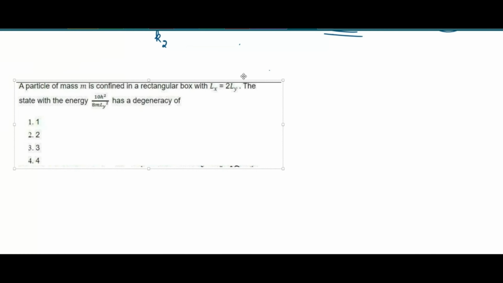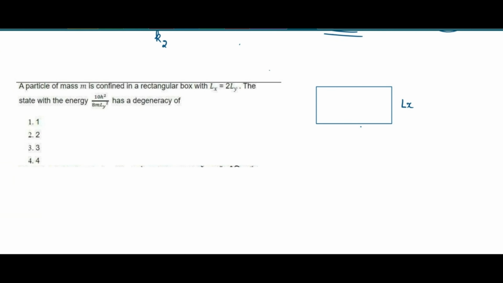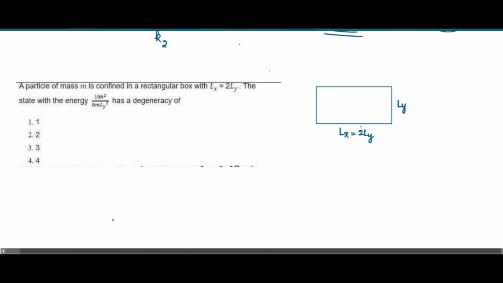They say Lx is equal to 2 times Ly. The state with the energy 10h square by 8mLy square has a degeneracy of what? Degeneracy is a common topic in such questions.